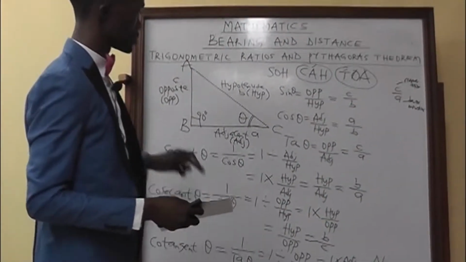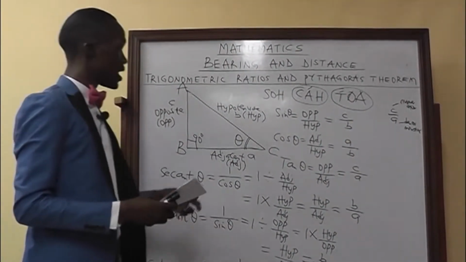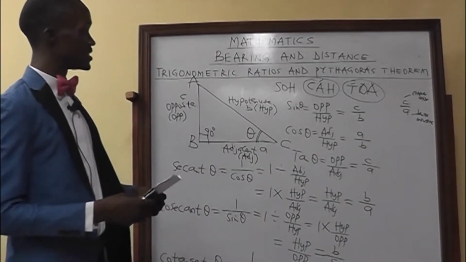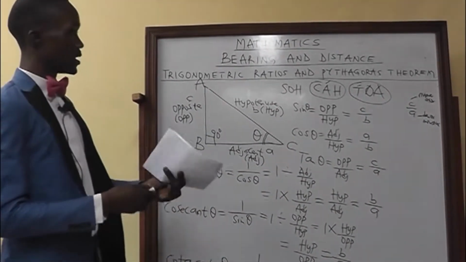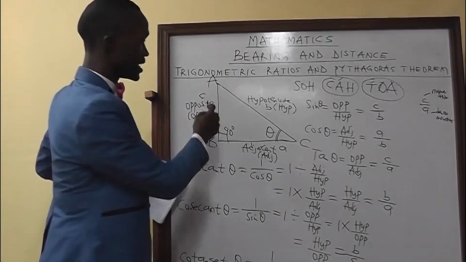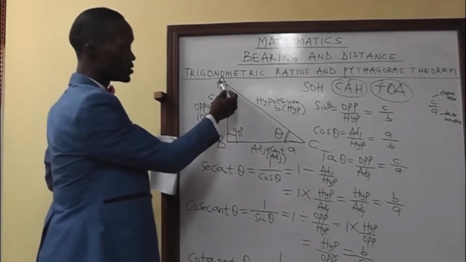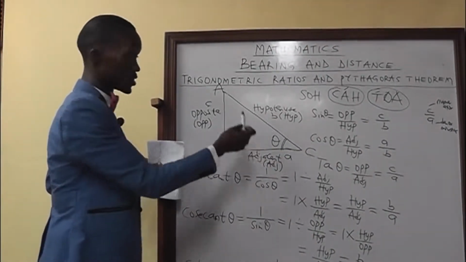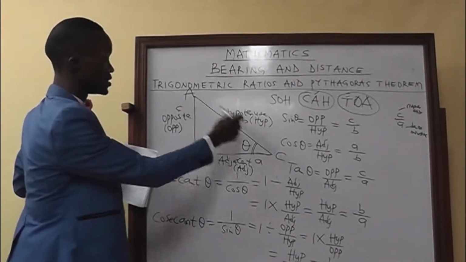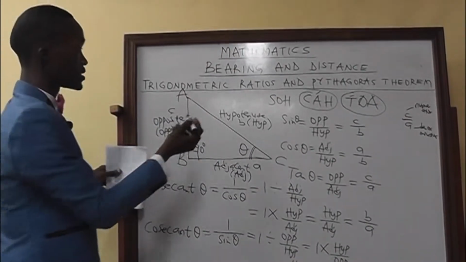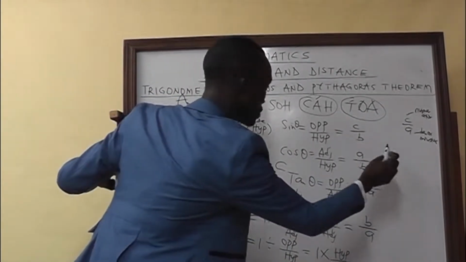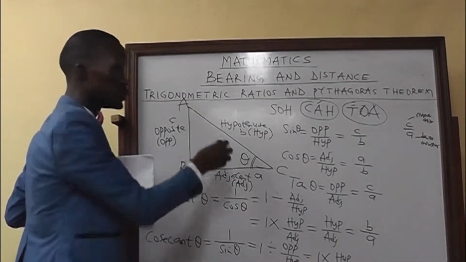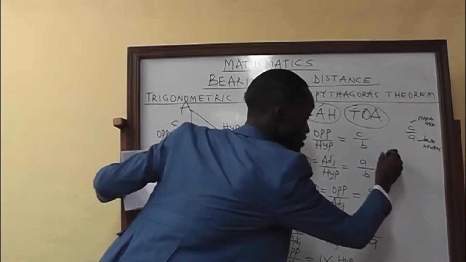I got some questions from the audience, and the first one is, what is theta? I explained earlier that we are using alphabets A, B, and C to represent the angles of this triangle. Now, theta is just a term that we use to represent an angle.